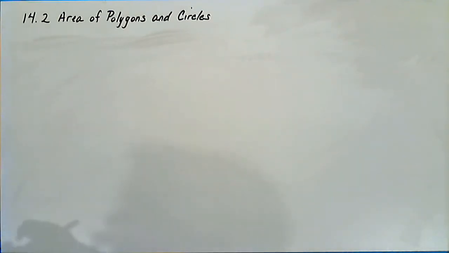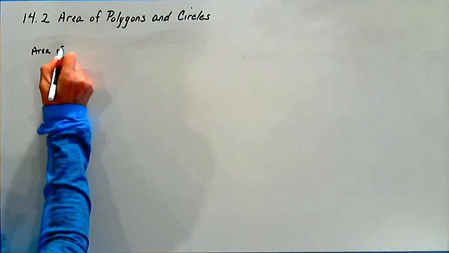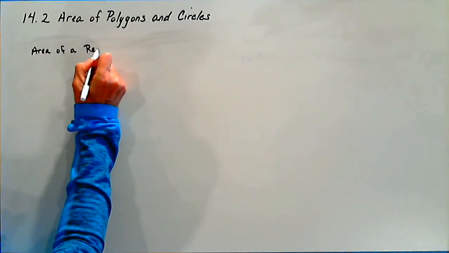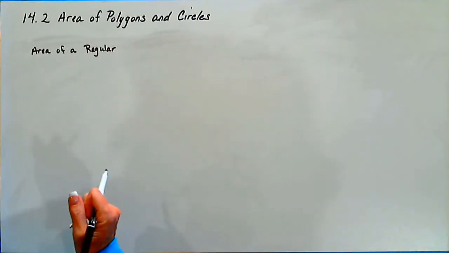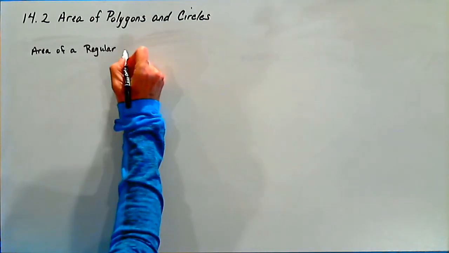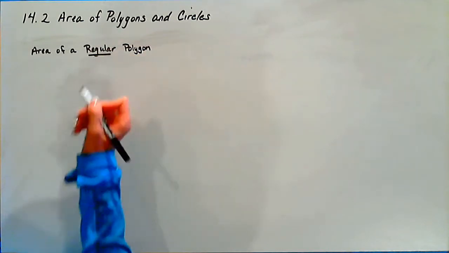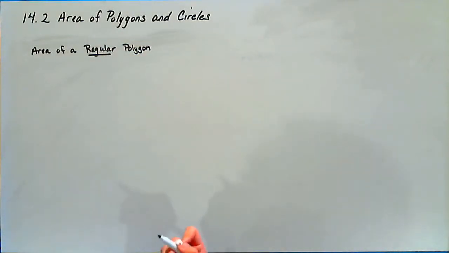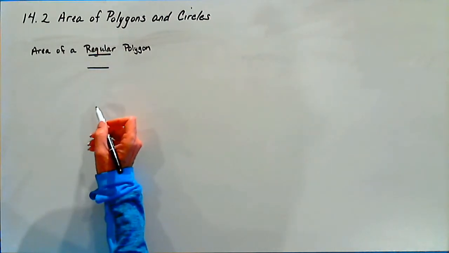So let's say you have, let's do it this way. Area of a regular polygon, so all interior angles are the same, all side measures are the same length. So it's got to be regular, okay?